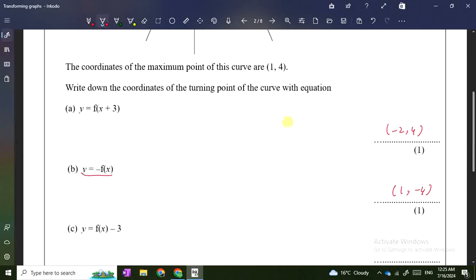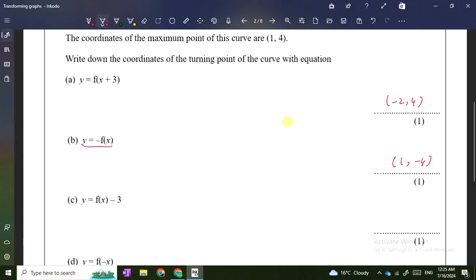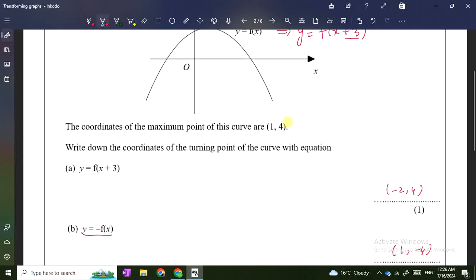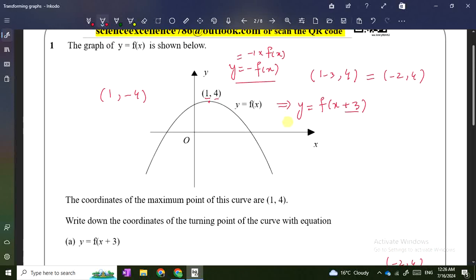Now the next function is y equals f of x minus 3. So if we have the function y equals f of x minus 3, we have to take away 3, and there is a change outside the function, so we have to do the same operation with the y coordinate.